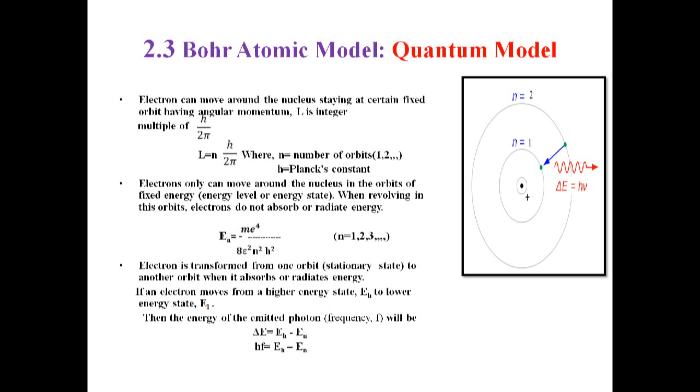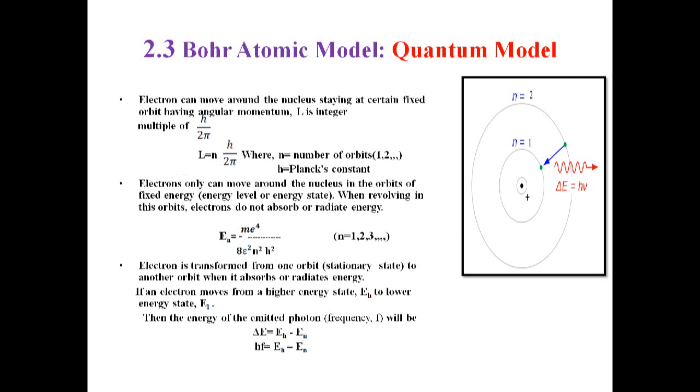That means if an electron wants to stay in the first orbit, the angular momentum is L equal to n h divided by 2 pi, where n is the number of the orbit. For the first orbit, n is 1, so L is equal to h divided by 2 pi.